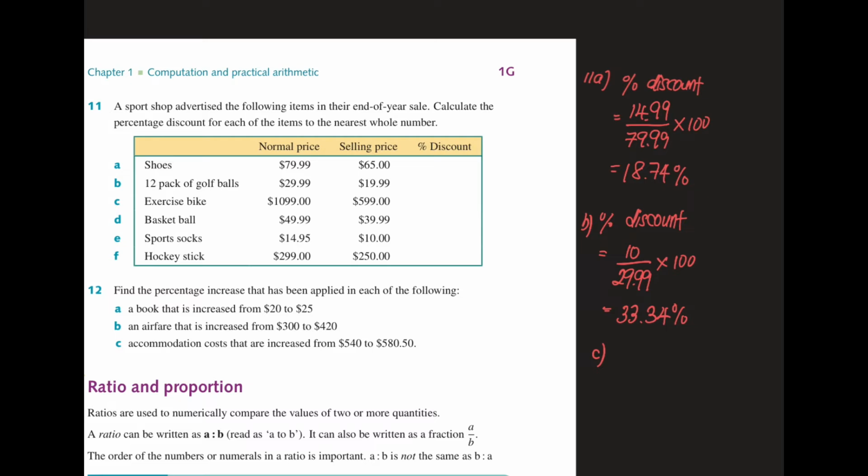C, exercise bike, $1,099, $599, so we minus them, so you will get 500 as the discount. So percentage discount equal to discount 500 over original price 1099 times 100%.